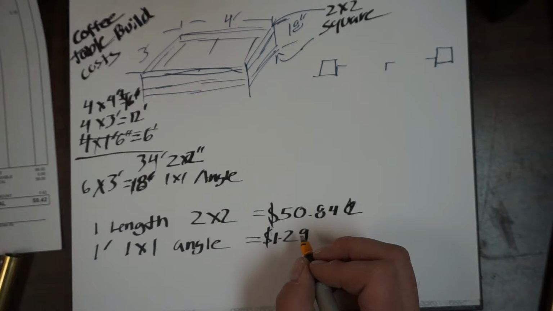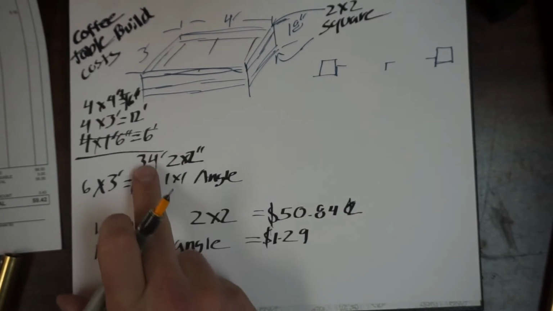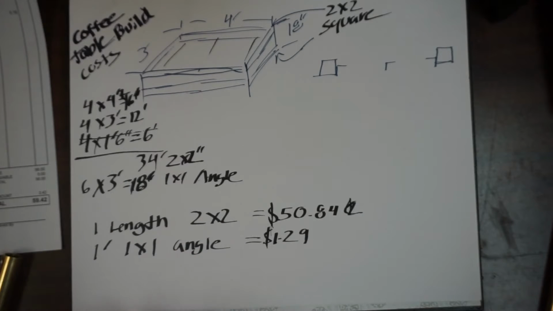Okay. So, let's go ahead and do some calculations here. Pull up the calculator. First off, we know we're going to need 2 lengths of the 2 by 2 material.